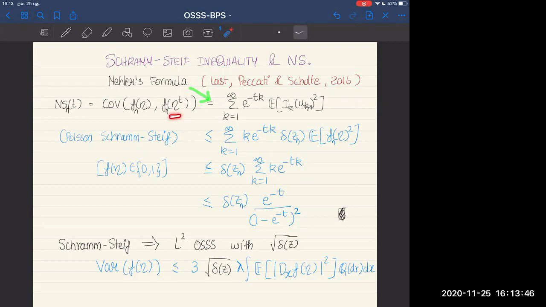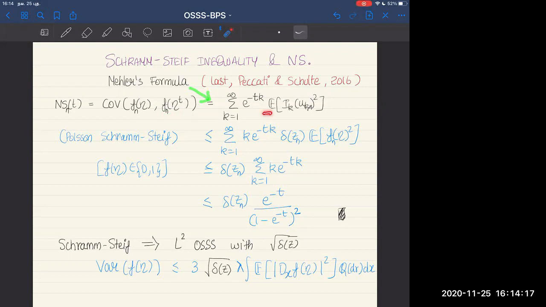Eta_t, remember, is your dynamic process, where you have killed e to the minus t fraction of the points. Or rather, you have not killed e to the minus t of the points. So you get this explicit expression using Mecke's formula. You can compute the Ito kernels for eta_t. This is called Mecke's formula. It was proven by Last, Peccati and Schulte a few years ago.